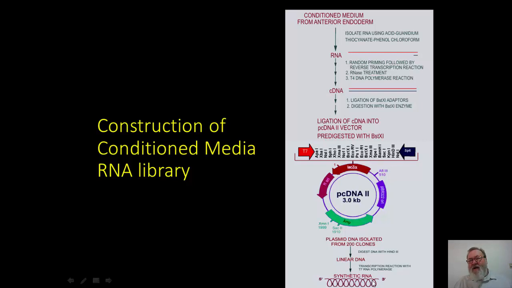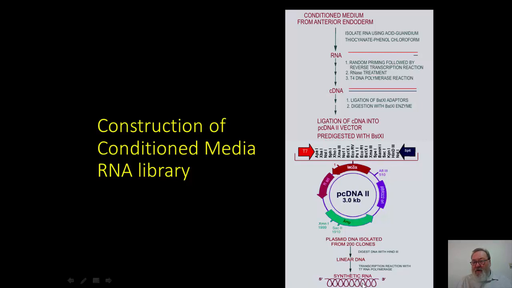So we had eliminated basically any other contamination from the conditioned medium or from what we had done when we extracted the RNA, that it might be some other small factor attached to the RNA, and we did that by, in this case, having bacteria make that synthetic RNA for us.